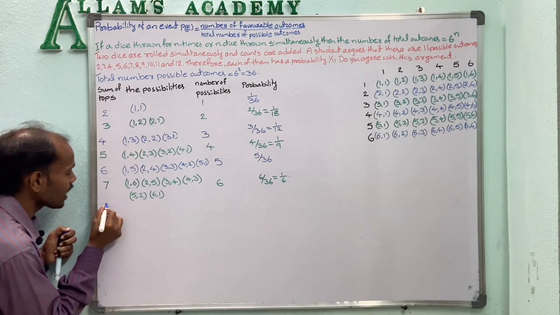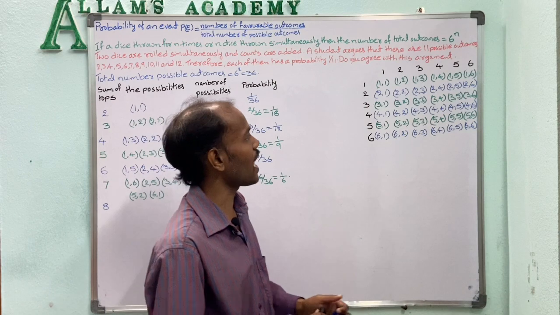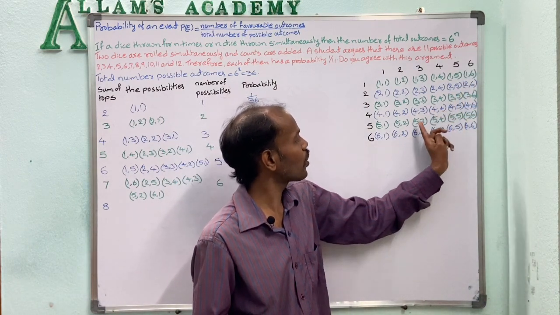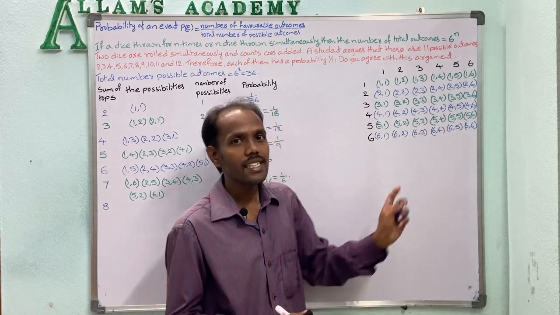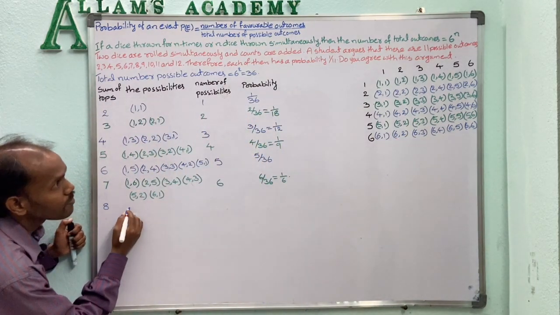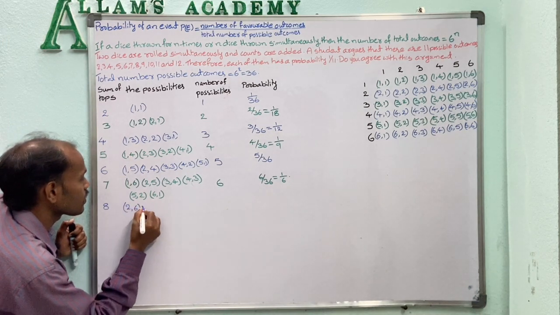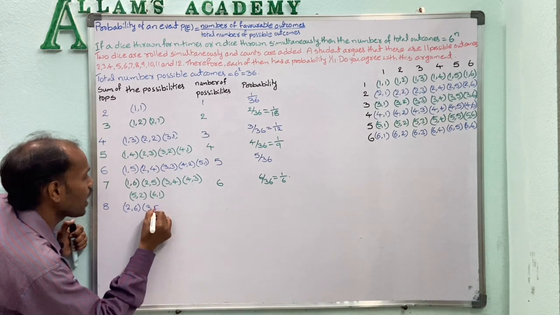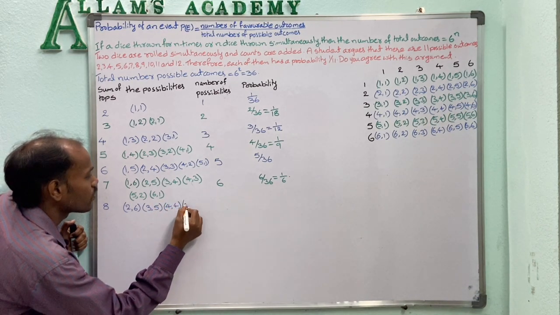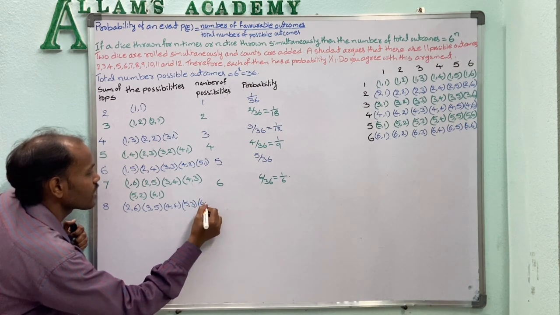Now if we take the sum of the tops as 8, the chances are 2 6, 3 5, 4 4, 5 3 and 6 2.